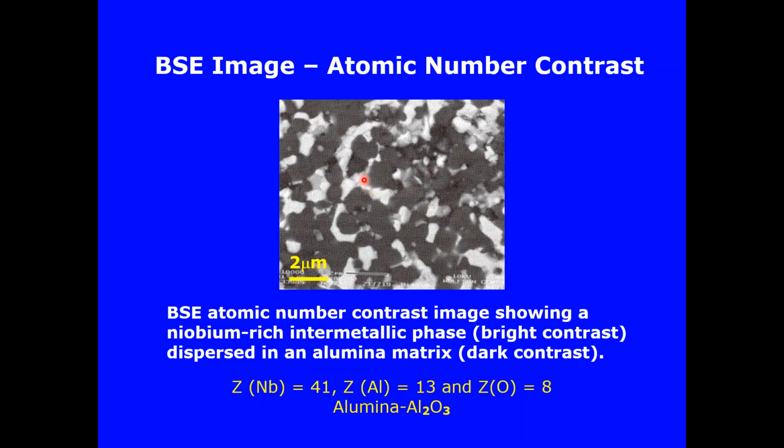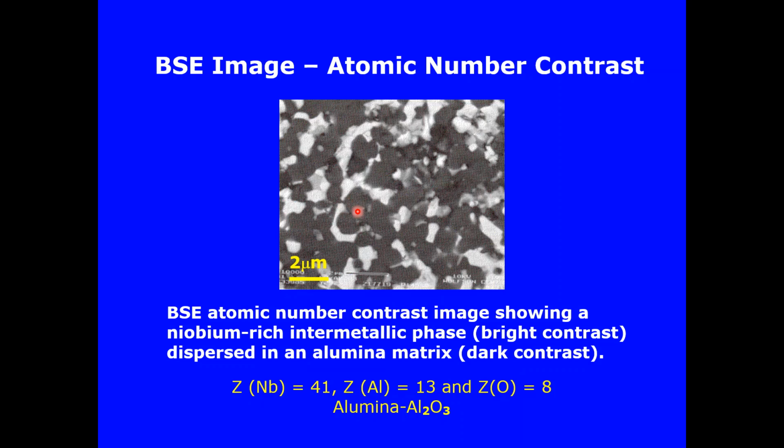You can see the bright contrast here. The bright contrast has been dispersed in an aluminum matrix, which is the dark contrast. So basically this micrograph is an alloy of niobium and aluminum.